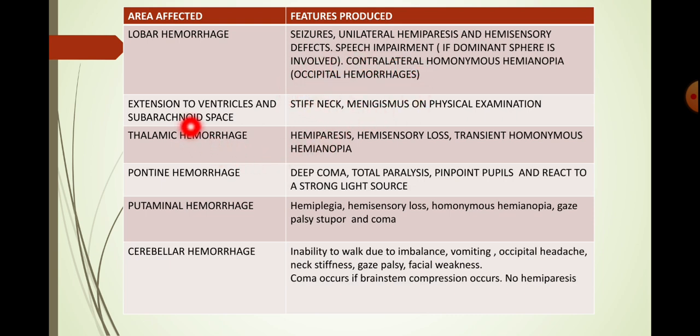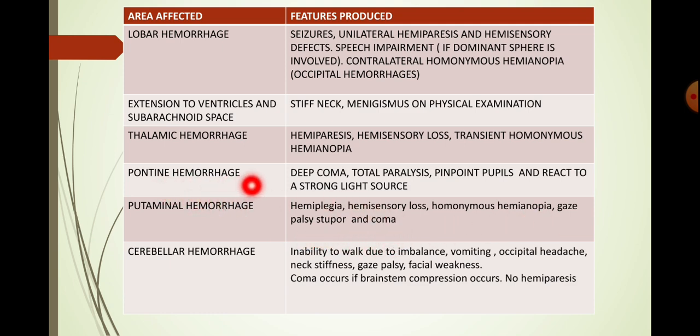Now, if there is an extension to the ventricle and the subarachnoid space, the classical features exhibited are a stiff neck and meningismus. Now, if it's a thalamic hemorrhage, there can be hemiparesis, hemisensory loss, transient homonymous hemianopia. And similarly, for putamenal hemorrhage, there will be hemiplegia, hemisensory loss, homonymous hemianopia, gaze palsy, stupor, and coma.